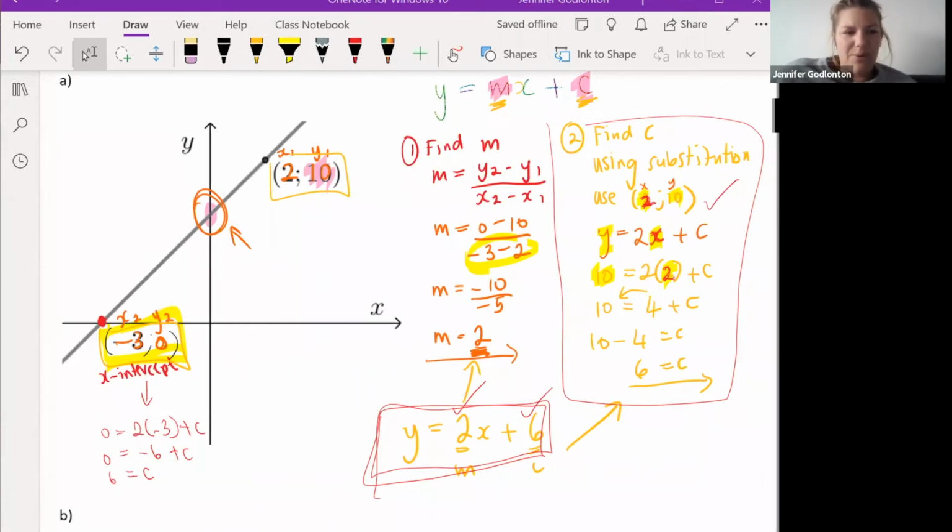Komoto, how can I help? Ma'am, where did you get the 2 in those brackets? Where did I get what for you? The 2 in the bracket. Okay, this 2 in the bracket over here is this X value.